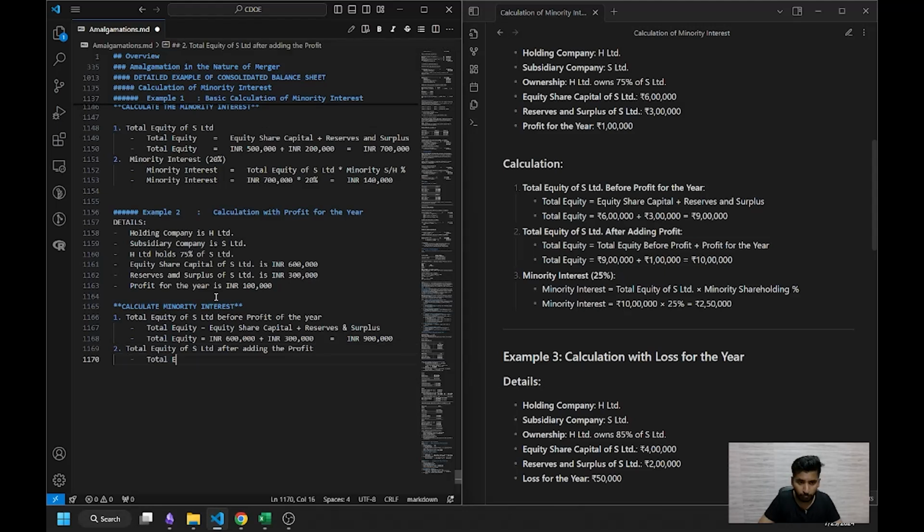The total equity is equal to total equity before profit plus profit for the year. That's the total equity equals INR 9 lakhs plus INR 1 lakh. That is equal to INR 10 lakhs.